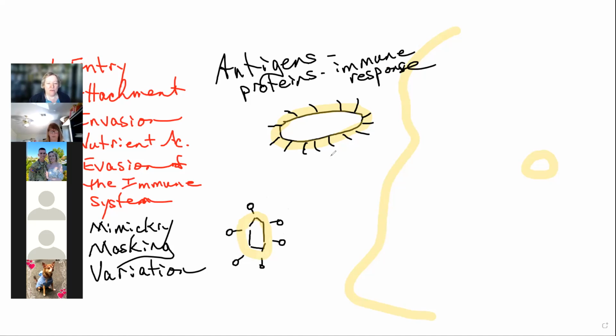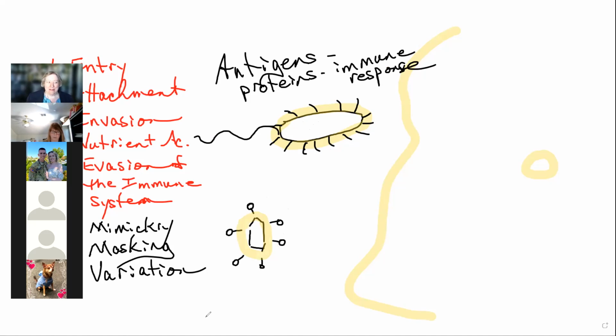The fimbriae on E. coli would be an antigen. The capsule, sometimes there's some protein sticking out, that would be considered an antigen. Flagella are considered an antigen.